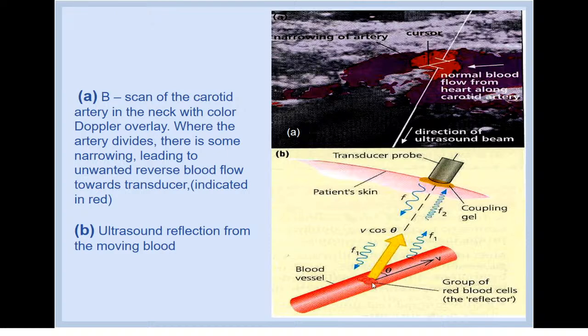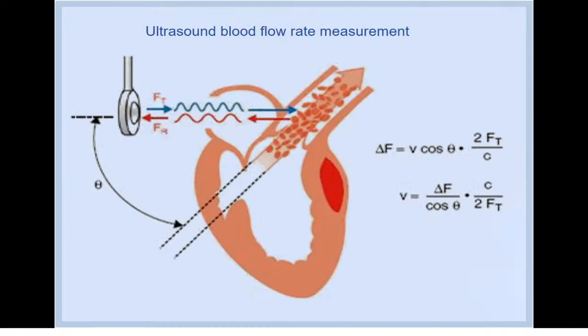These are just reflectors that are moving with this blood flow velocity, and reflection from this moving object causes the Doppler shift of the frequency, and by that means the velocity of blood may be determined.